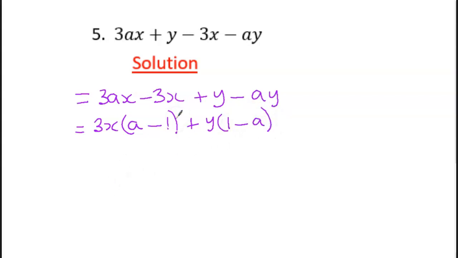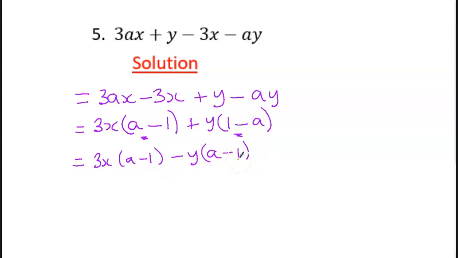Good. Now I've told you that for this method of grouping, whatever you get here, you should get the same thing there. By looking at this, it is a minus 1 and this is 1 minus a. So what we can do, we have to bring minus y out, so that we have a minus 1.